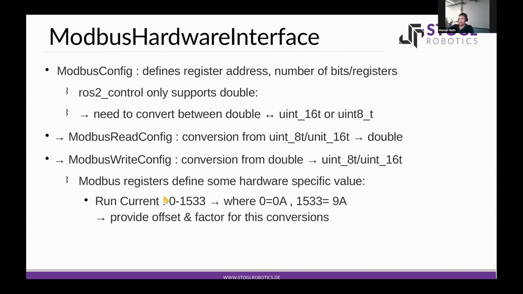Because we want to have understandable values in ROS2 control, we also provide the setting of an offset or factor to convert those integer values to SI units, for example, to meter or ampere.